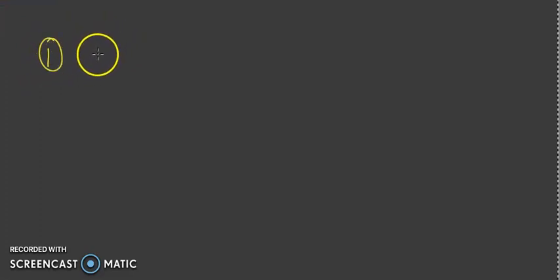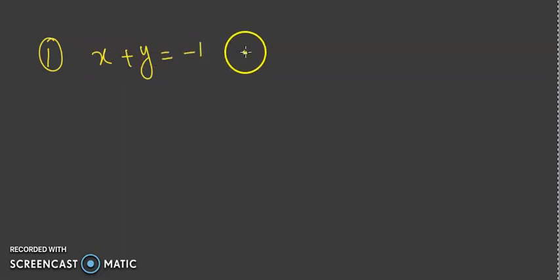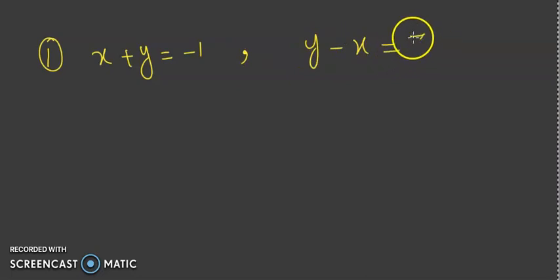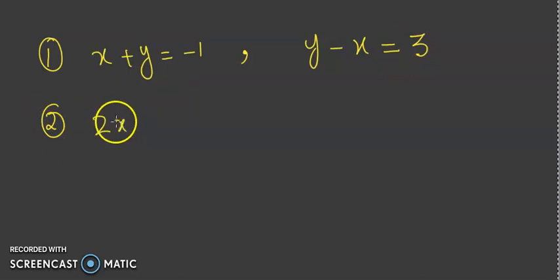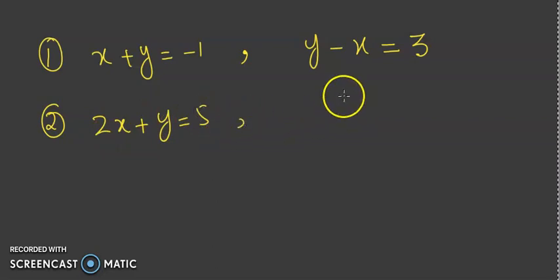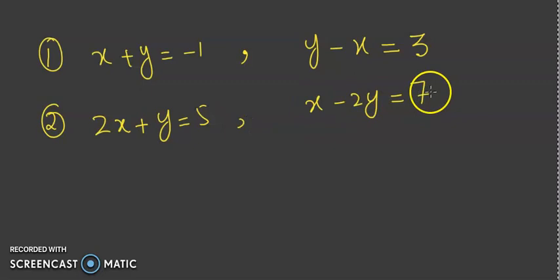Let's consider this. For example, in the first example, x plus y equal to -1 and y minus x equal to 3. In the second example, 2x plus y equal to 5 and x minus 2y equal to 7.